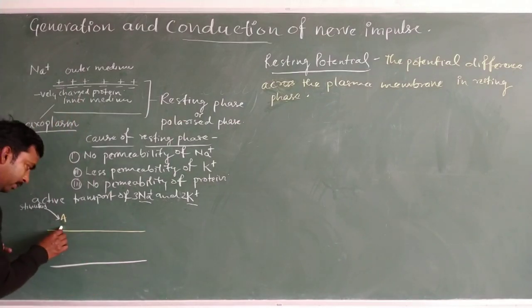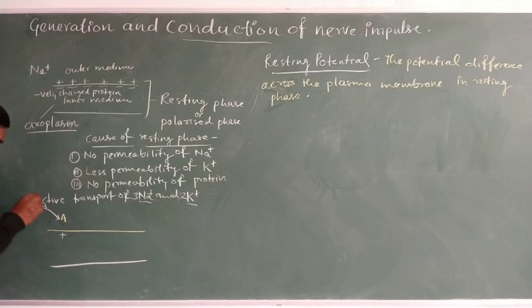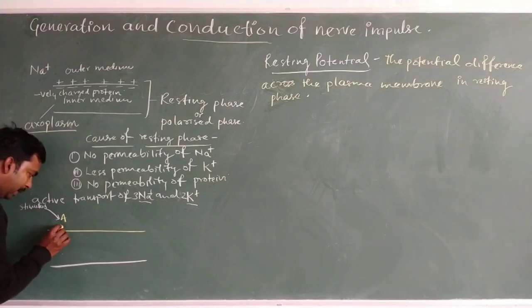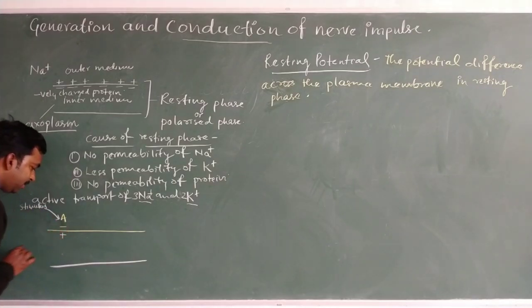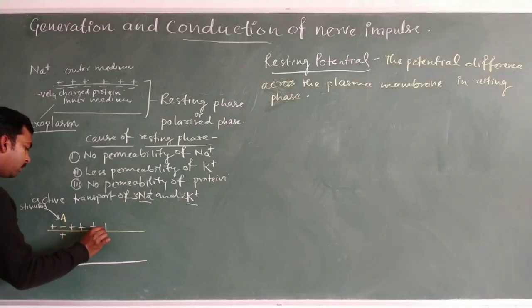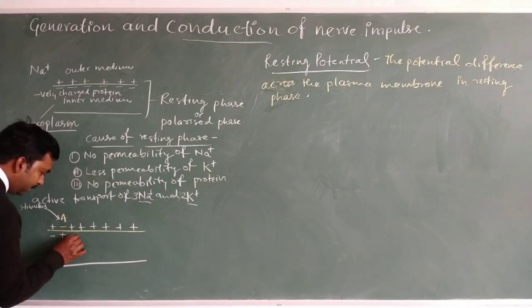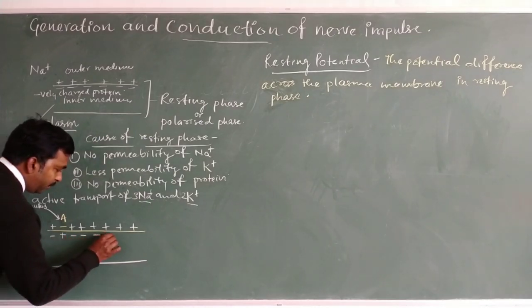Due to the opening of sodium ion channels, the sodium ions move inside the membrane, and due to that, a negative charge is created at point A, and the rest of the portion is positively charged.